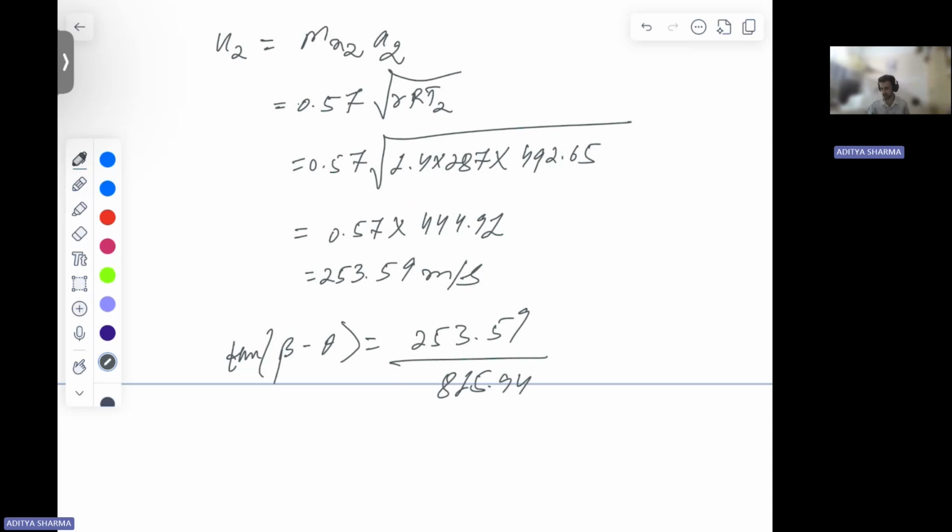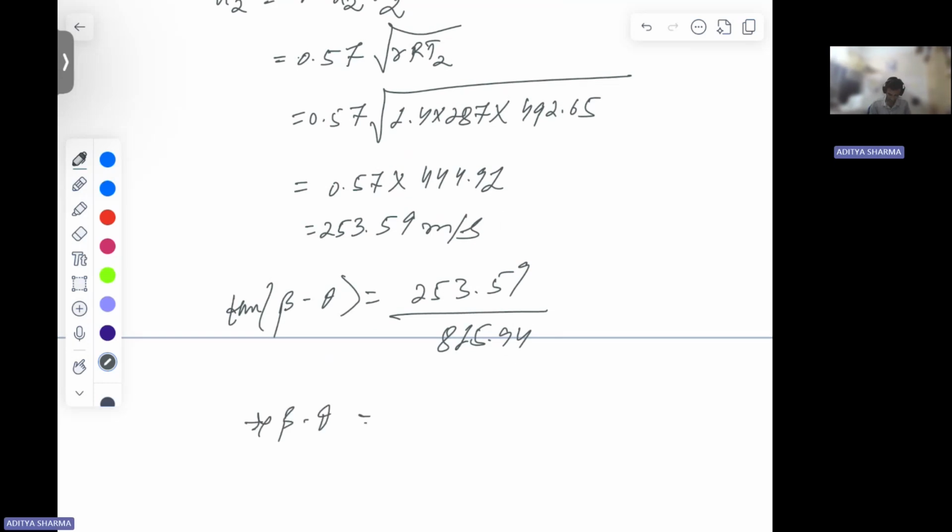So then tan inverse we need to calculate. Tan inverse of 253.59 divided by 815.94 comes out to be 17.26.